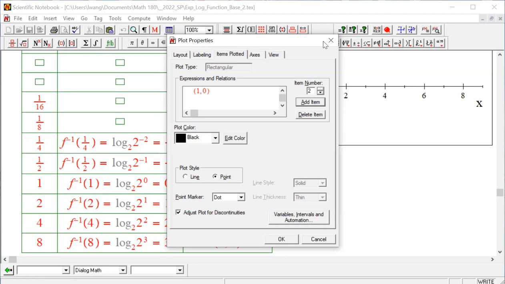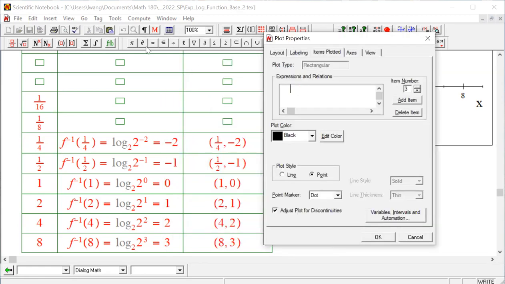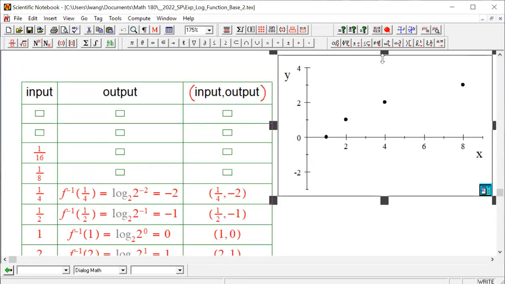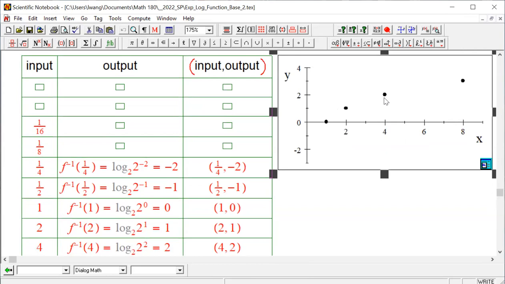That's, if we can see it. 2, 1, input 1, output 0, input 2, output 1, and input 4, output 2, input 8, output 3. So those are the points. You see those points are above x-axis.